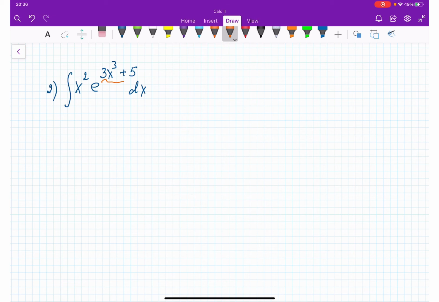Instead of e to the power x, we have e to the power of the whole expression, 3x cubed plus 5. I think this is the part we are going to substitute to bring it to tabular form, which is going to be, if I take u, equal to 3x cubed plus 5.